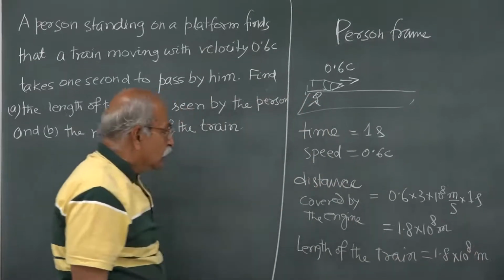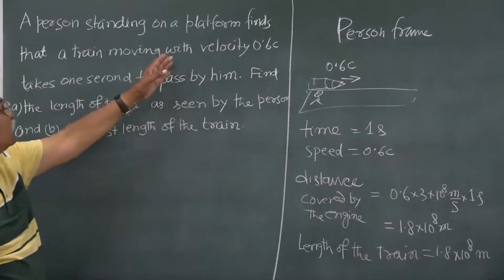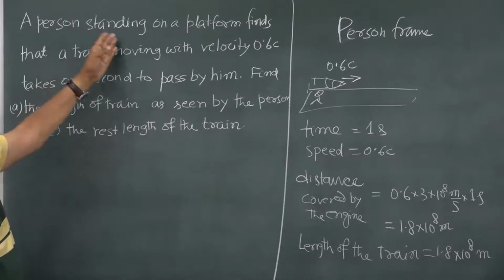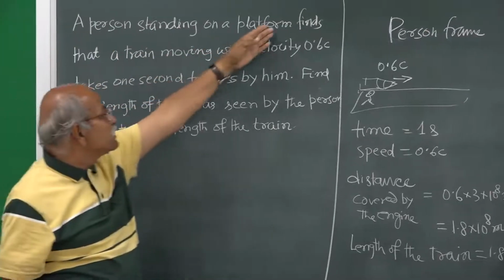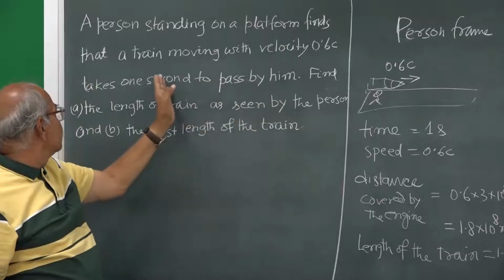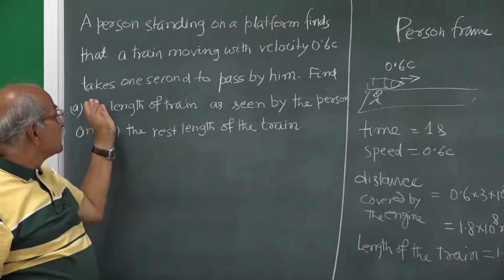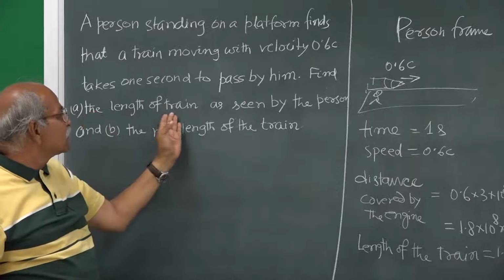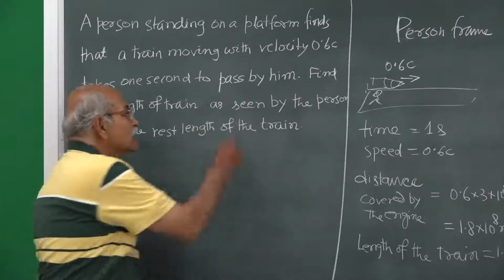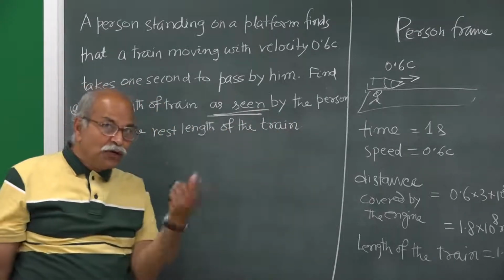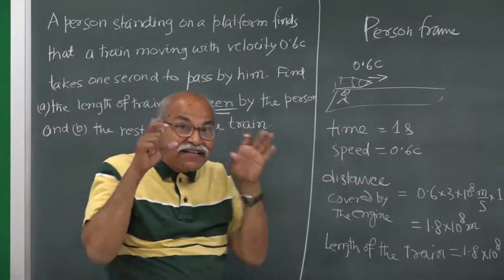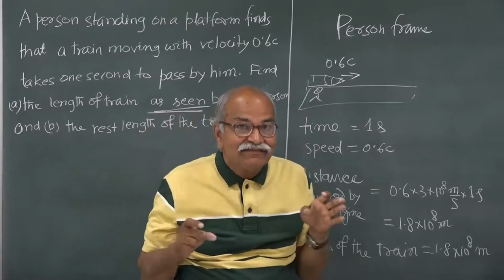Okay. And when I say that a person finds that, here, find the length of the train as seen by the person, this 'as seen' should not be taken as seen by the eyes.